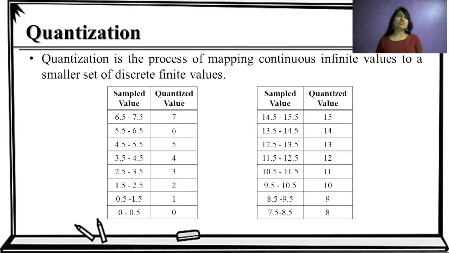Generally the upper bound 2.5 is approximately equal to 2, and 2.51 to 3.5 we consider as 3. Basically 1.5 to 2.5 is 2, and 2.51 to 3.5 is 3. This is how we can convert a sampled value into an equivalent quantized value.